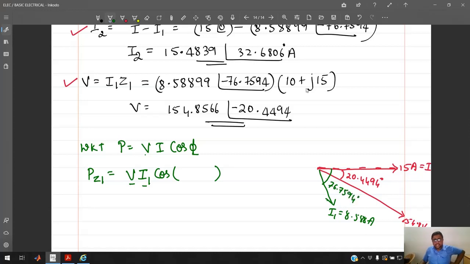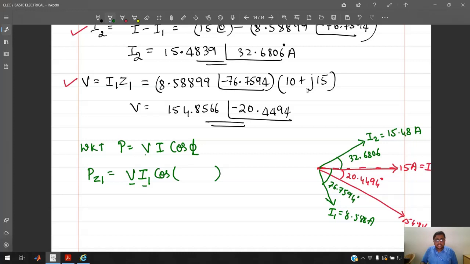And I2 is 15.48 ampere at an angle of plus 32.6806. So this is the phasor diagram.